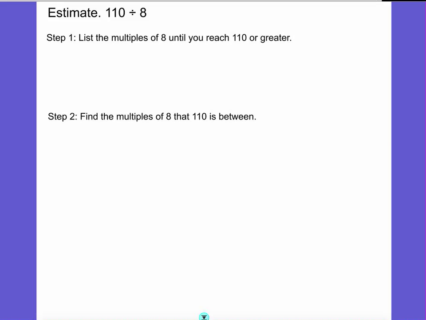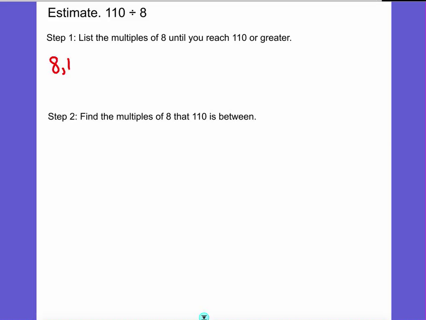So I'm really close to 110, so I won't have to skip count that much. But if that dividend gets really large, I'm not going to skip count by 8. I'm going to show you how we can get there much quicker when those numbers get larger.